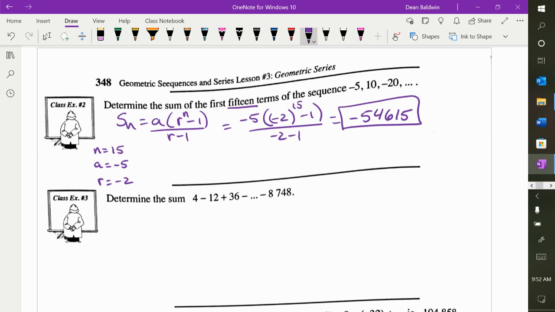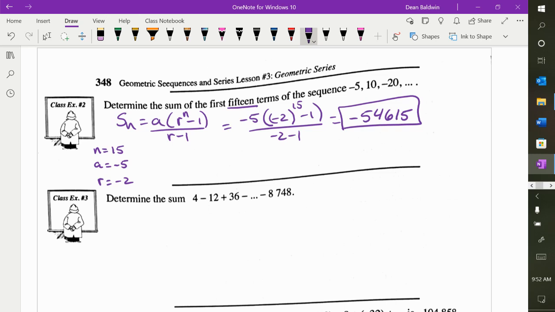So negative 2 to the power of 15. Do that. I got negative 81,923.5. I don't know if this is right. That's not right. Sorry. Why? Did you do negative 2 to the 15? Yeah, I did negative 2 to 15. Okay, now go minus 1. Now times negative 5.